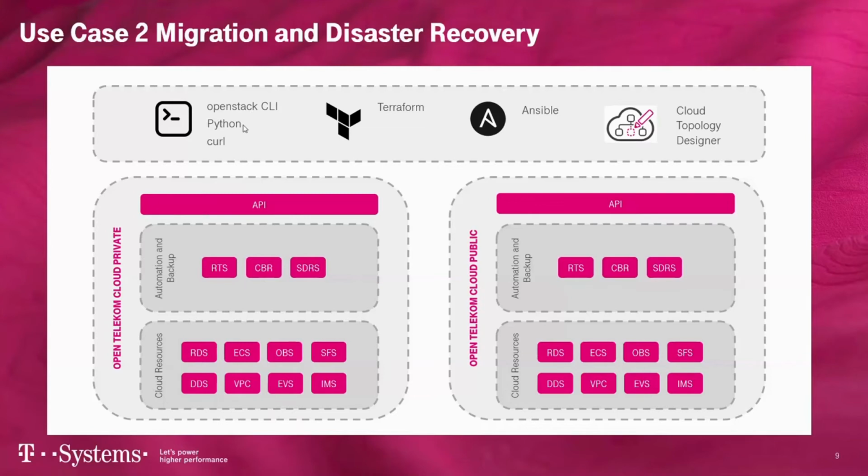On an external administrative VM, for instance, you make use of the API, which is doing a backup of the resources and storing this backup locally, copying this backup to the other side and then deploying the resource out of this backup. This is the way that you are doing migration here.